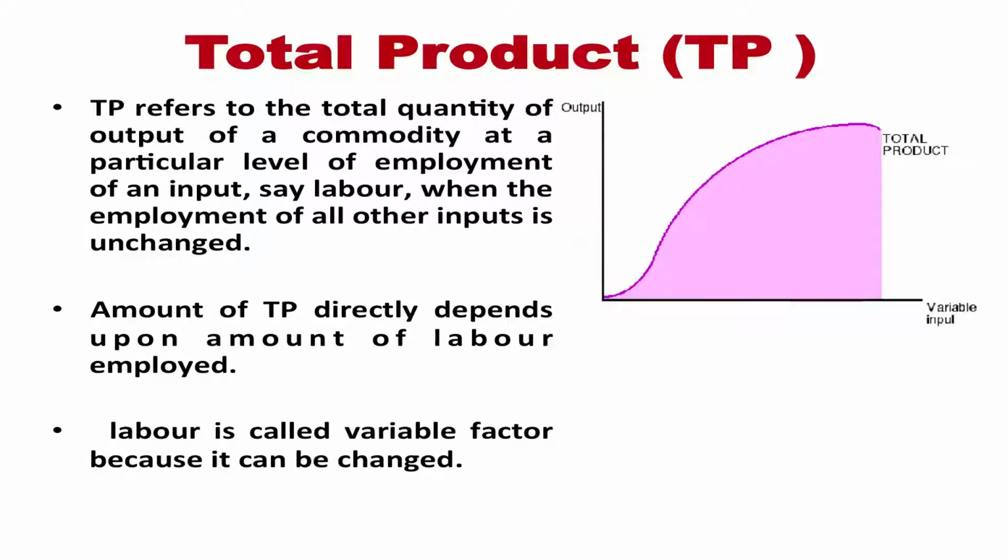TP can be increased or decreased by increasing or decreasing the units of labor employed. So, amount of TP directly depends upon the amount of labor used. Because it can be changed, labor is hence called the variable factor.